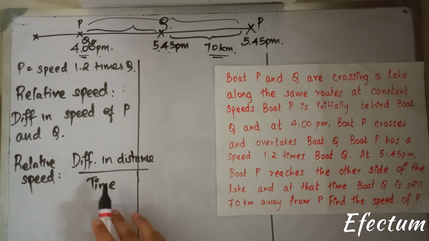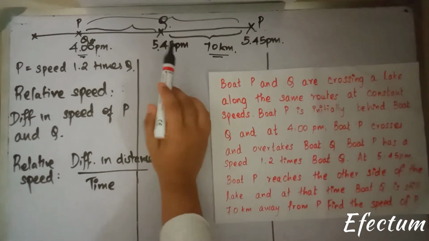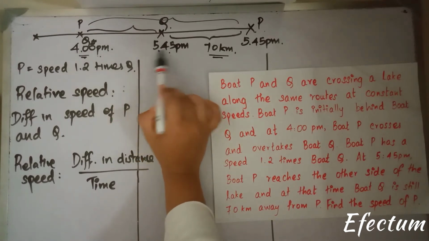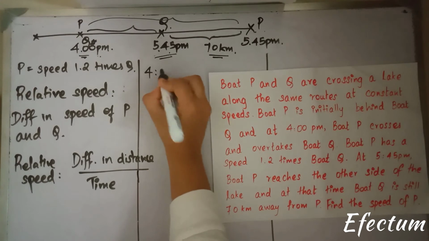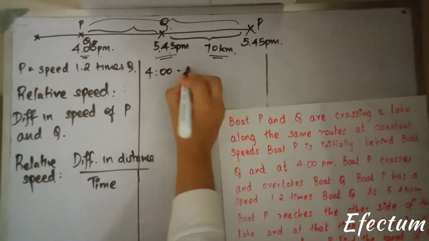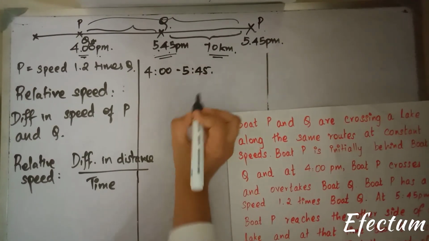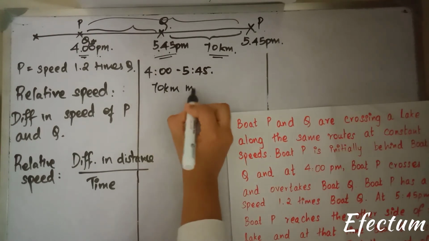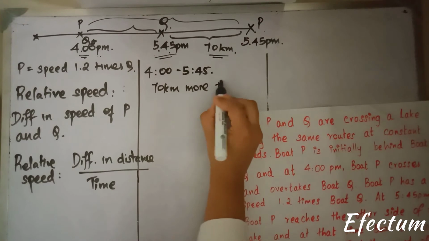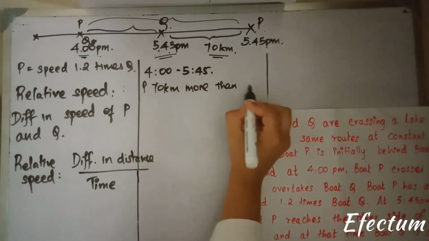So what is the difference in distance? At the same timing 5:45, P has travelled, in this time interval 4 to 5:45, 70 kilometers more than Q. Right?